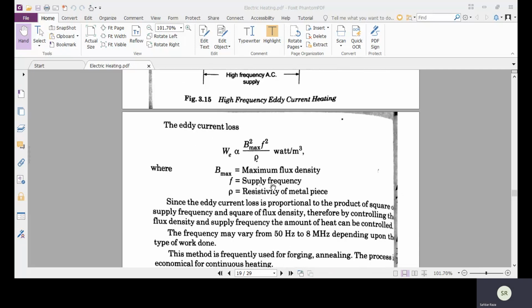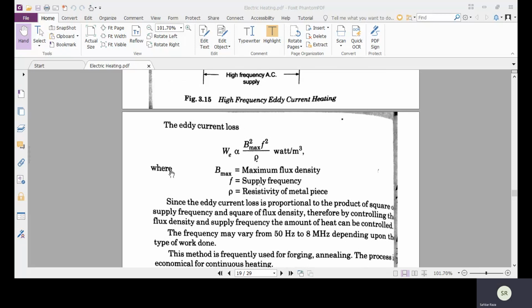The eddy current loss is given by this relation, and from this relation we see that the eddy current loss is directly proportional to the square of the maximum flux density multiplied by the square of the frequency, and it is inversely proportional to the resistivity of the metal piece.